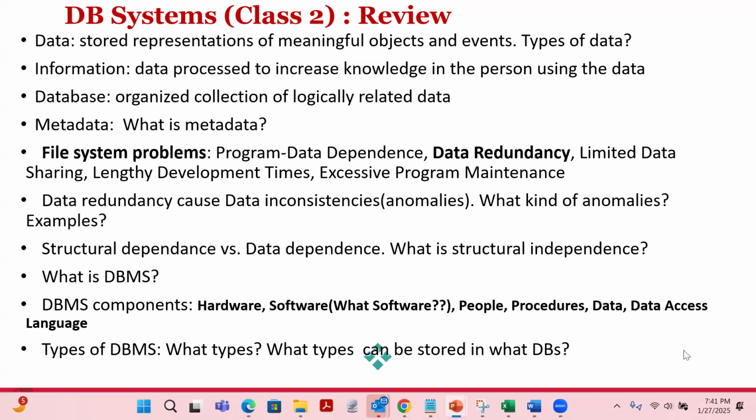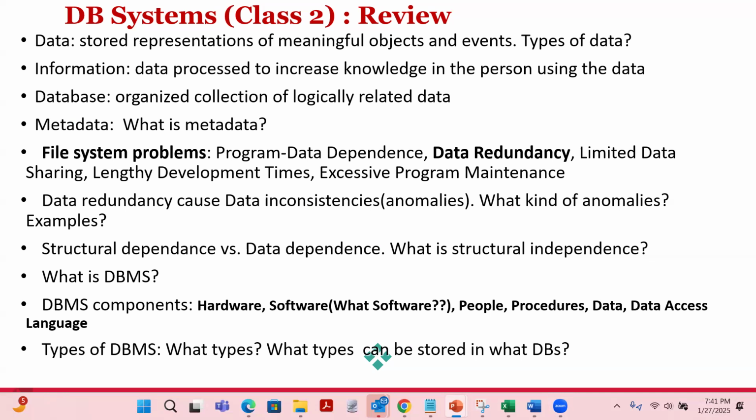SQL is a language widely used by relational databases. When we talk about big data databases, they do have their own proprietary language.